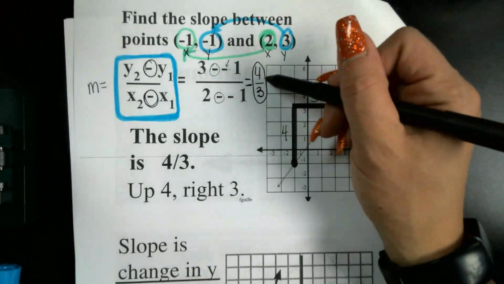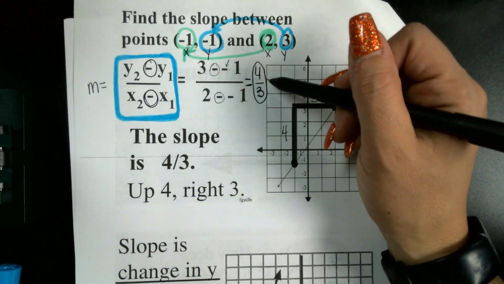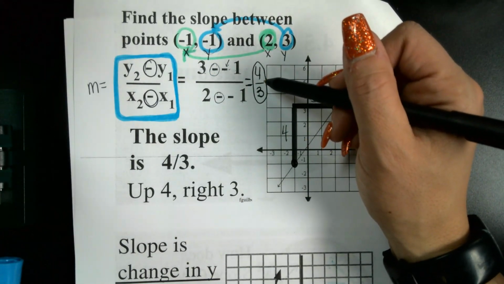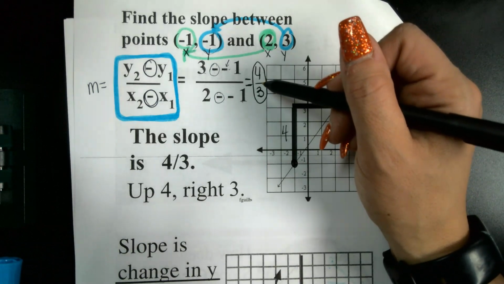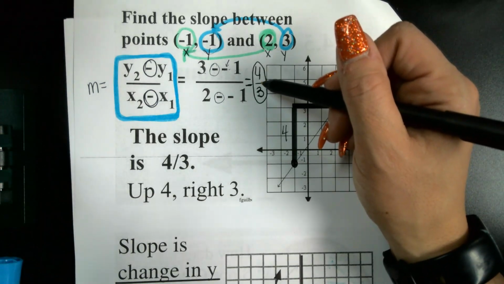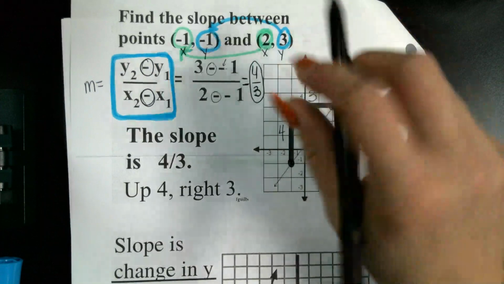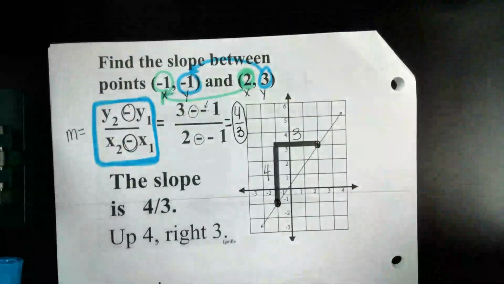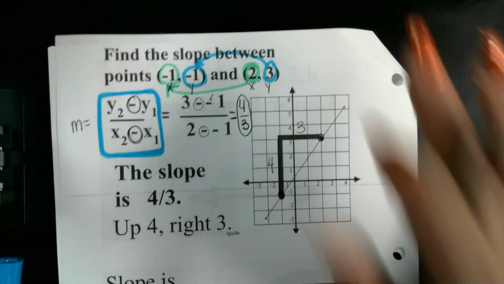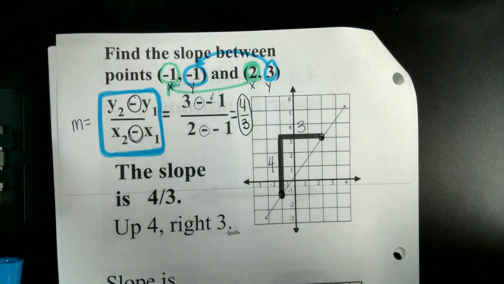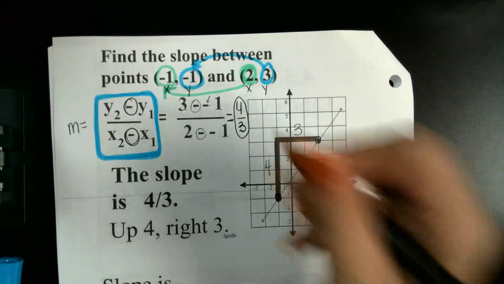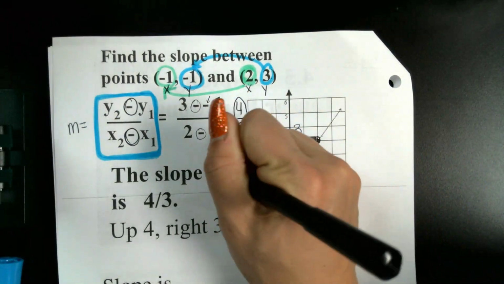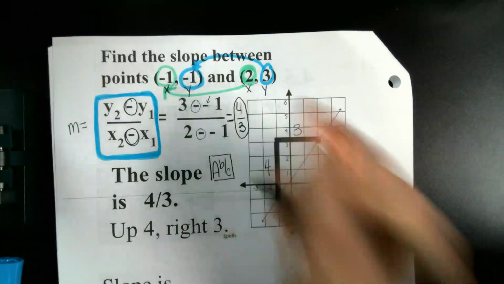Since our slope is a fraction, you do have to reduce it if possible. So that's another thing that people tend to struggle with, is 4/3. If you guys need some help reducing, there is a wonderful button on your calculator that says ABC.